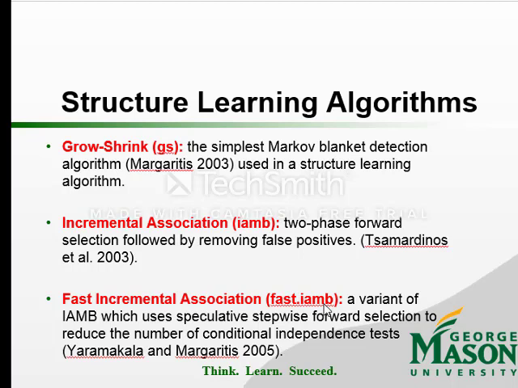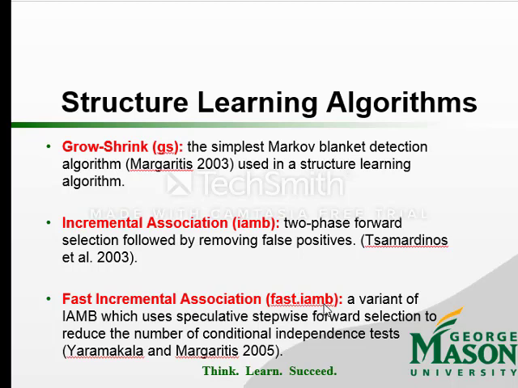Then we have the incremental association, or IAMB, which is a two-phase forward selection algorithm. It's a forward selection followed by an attempt to remove the false positives. Then we have the fast incremental association, fast.iamb.